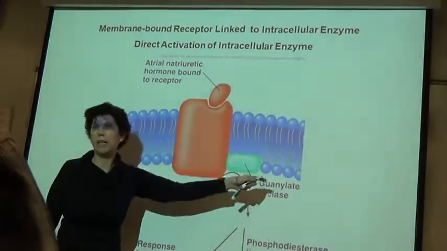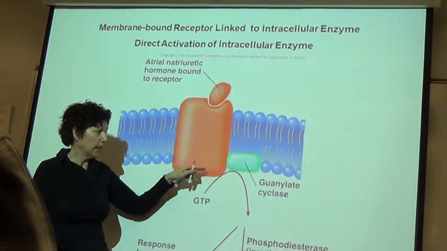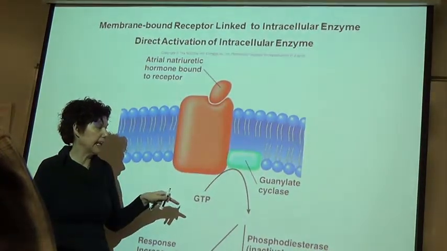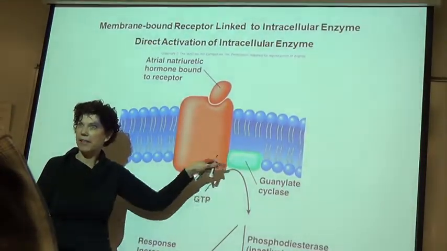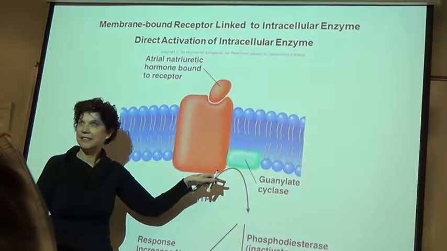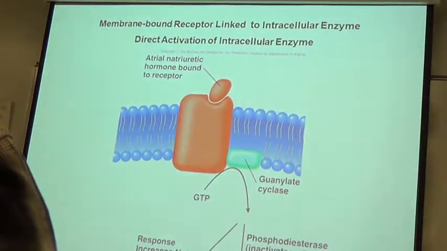So the molecule that we're getting rid of here is the receptor activates guanylate cyclase without a G protein. So we're getting rid of that intermediate step of the G protein. The receptor has the effect of the alpha subunit.